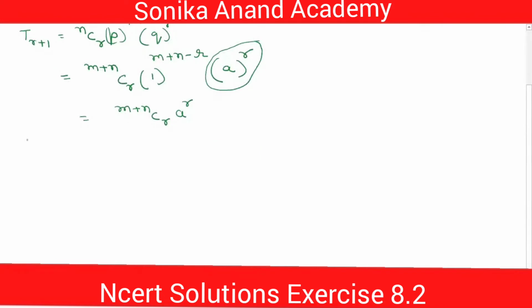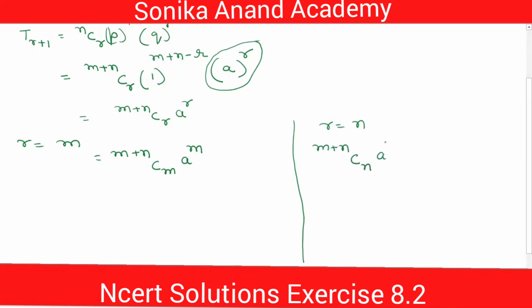If I take r equals m, then it becomes m+nCm a^m. If I take r equals n, it becomes m+nCn a^n. Okay.